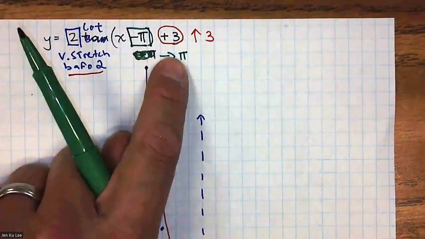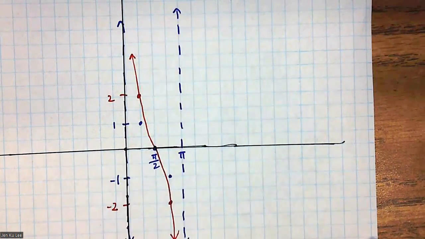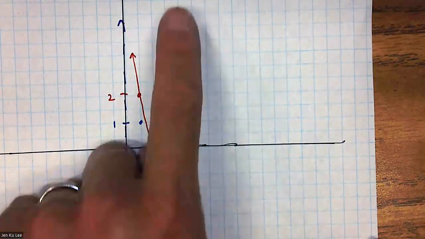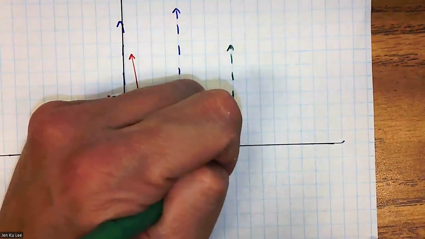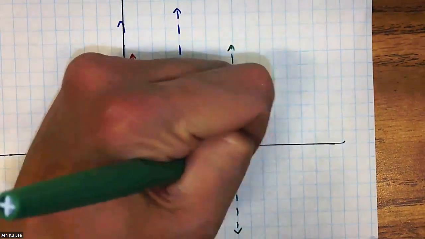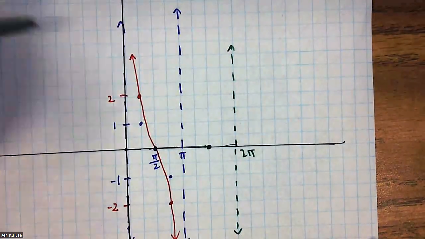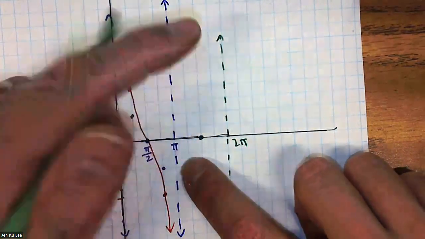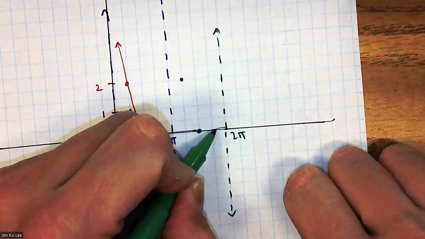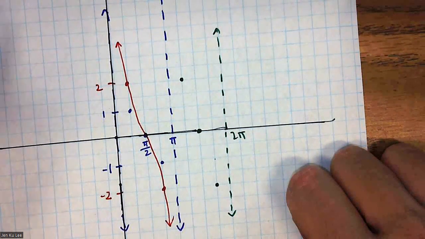If I move this pi units over to the right, notice that this 0 asymptote just becomes this, at pi. This pi asymptote will now become 2 pi. This 0 point will become halfway between, and from this 0 to pi is 1 unit, and it's going to go up to 2. This one's going to be at -2. Does that make sense?